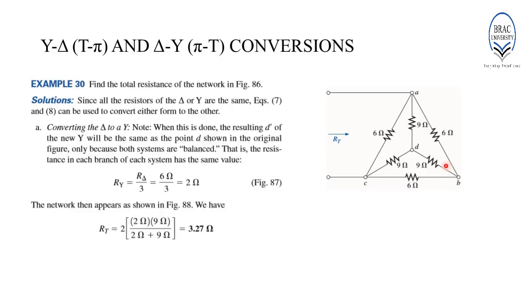In either case, the value of RT, that is the total resistance of the network, will be equal. So, using the given equations, at first we have converted this delta configuration into a Y configuration. And in doing so, the value of R1, R2 and R3 will be equal to 2 ohm.